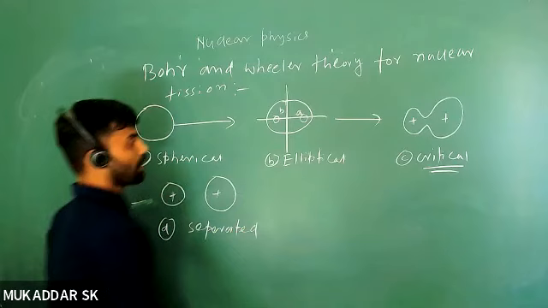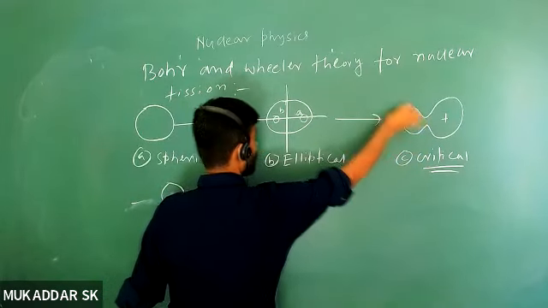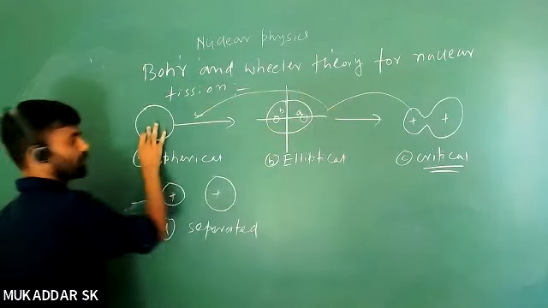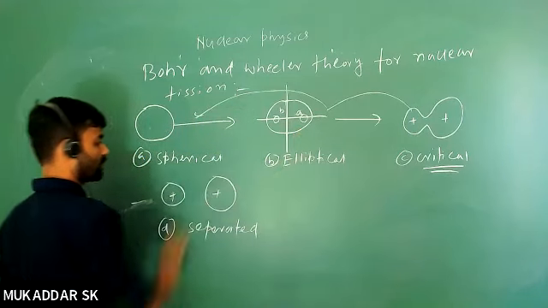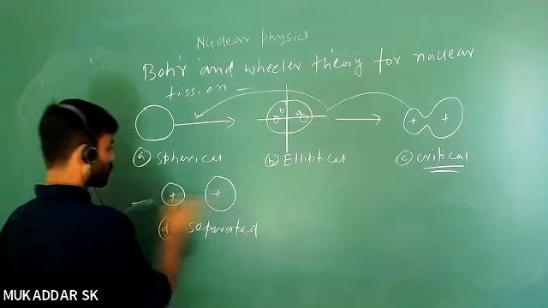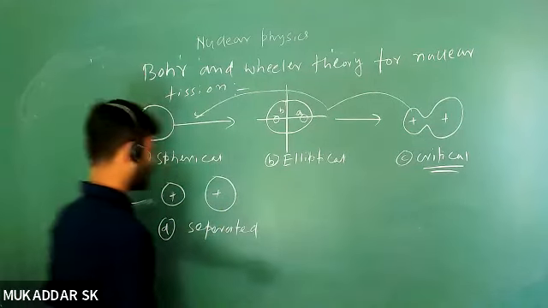But if the surface energy is large as compared to Coulomb energy, then it will come back to this and this. So it will again regain its original shape. But if the Coulomb energy is large, then it will be separated. After separation, what will happen? Since both are positively charged, they will repel. So they will accelerate in opposite directions.